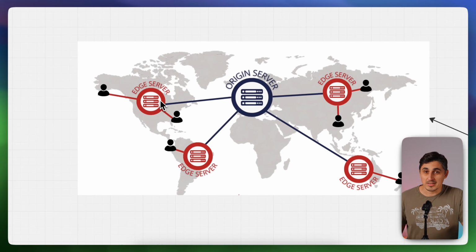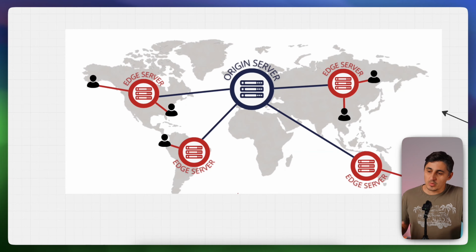For example, if you have customers in North America, you're gonna have a server there. If you have customers in South America, you're gonna have a server there. And customers from those regions, instead of downloading everything from the main server, would download things from the local server, and that would speed things up significantly.